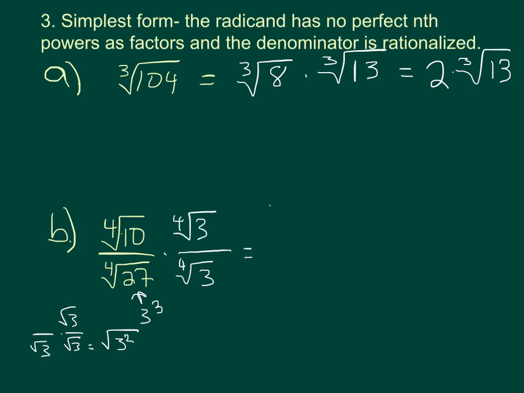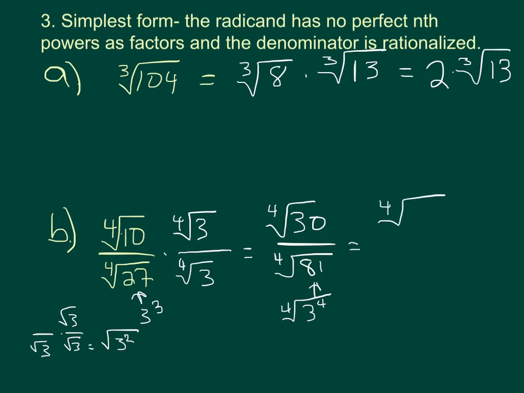That's going to give us the fourth root of 30 on the top and the fourth root of 81 on the bottom. But 81 is really 3 to the fourth power. So if I want the fourth root of something to the fourth power, just take out that number on the inside. So we have the fourth root of 30 over 3.